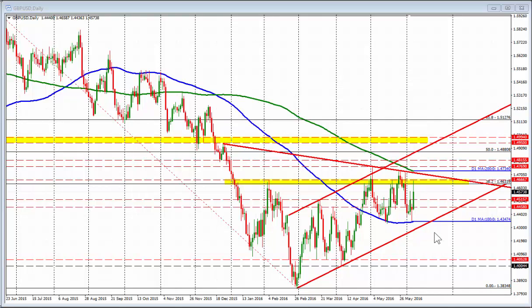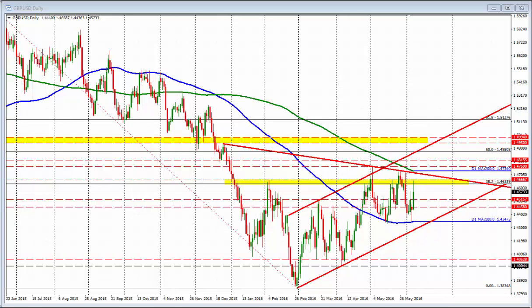So if I were to put a wide angle on the sterling versus US dollar, and of course we have the Brexit vote coming up later this month, on the 23rd, which is going to have a big influence on this currency pair one way or the other, or should. And the polls between now and then are going to cause some volatility in this currency pair.